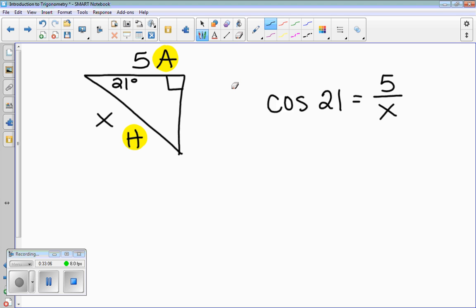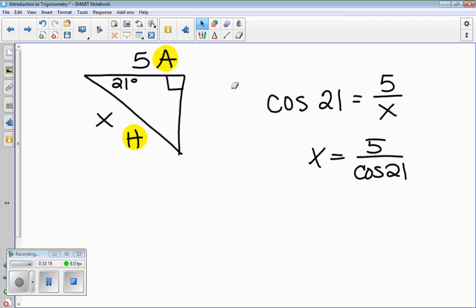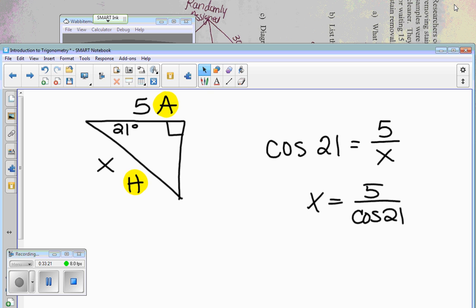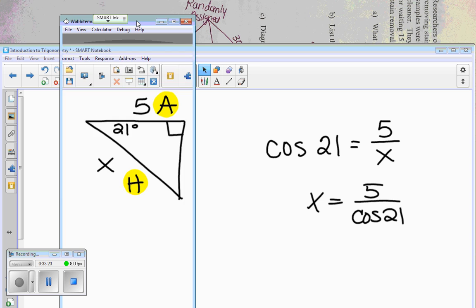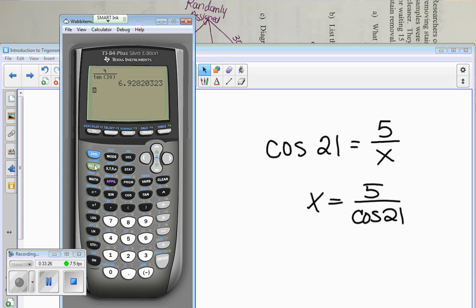How do I solve this? What is x equal to? 5 divided by cosine of 21. So if I type it into my calculator, because it is in degree mode, x equals 5 divided by the cosine of 21, about 5.36.